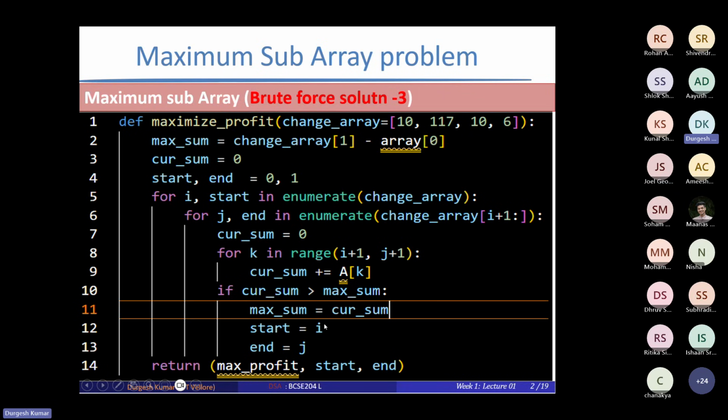In this way, with three loops, we calculate the maximum profit using the brute force solution. So can you guess the time complexity? Anyone, can you guess the time complexity for this? Is this a dependent loop or independent loop?